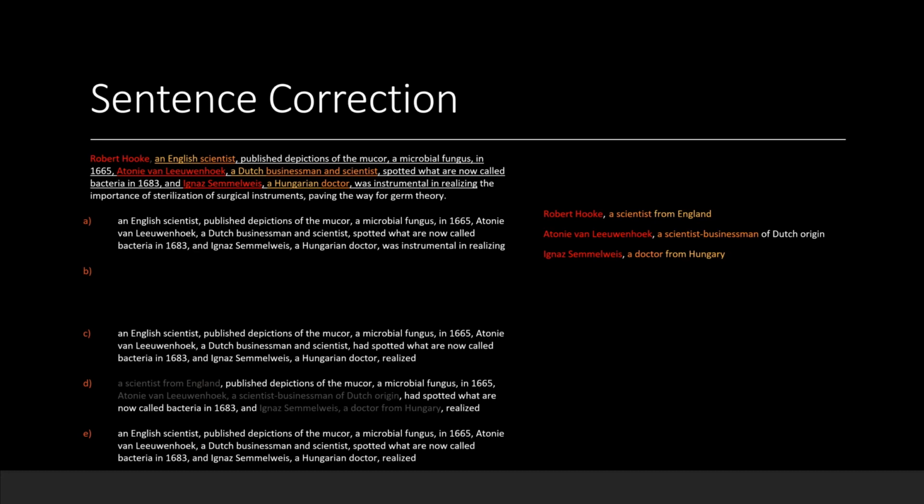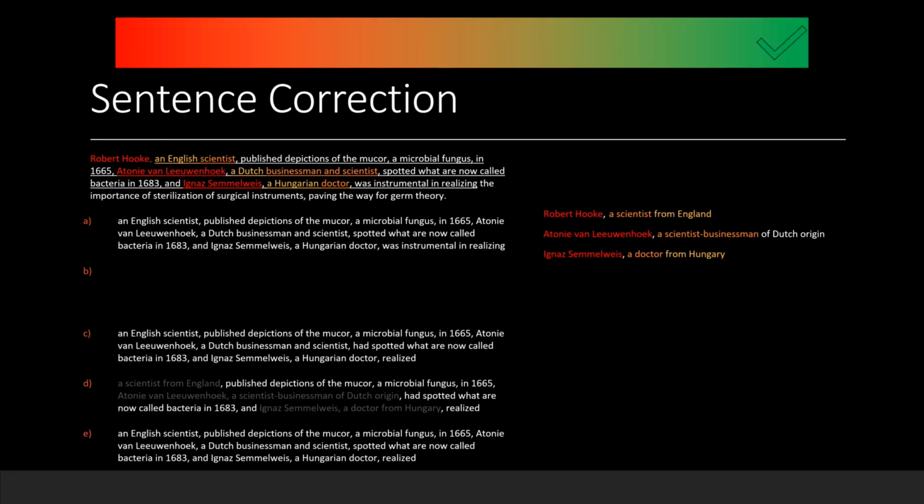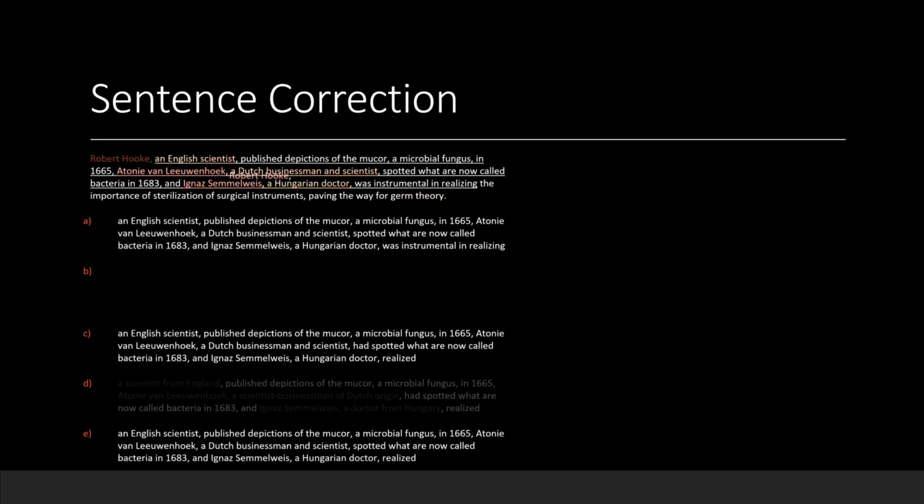As we said, parallelism errors exist on a spectrum. There isn't a clear right or wrong, but some answer options are less right than others. And in this case, D is not as right as the other answer options. So we'll actually eliminate answer option D.